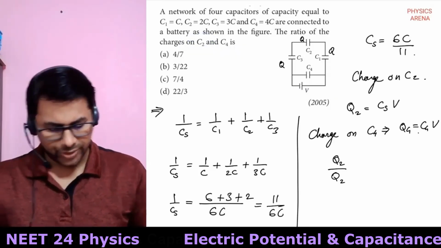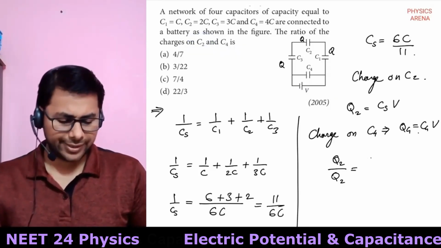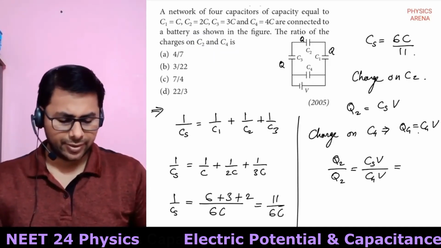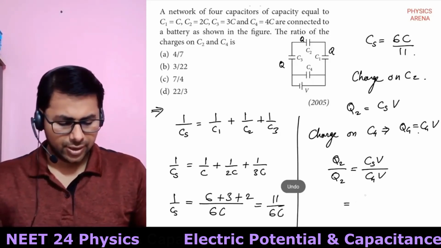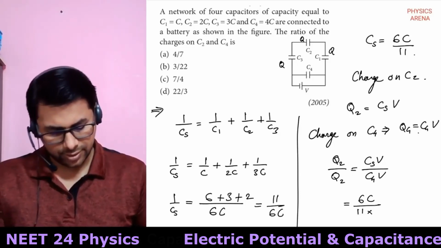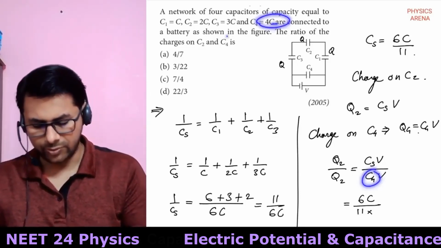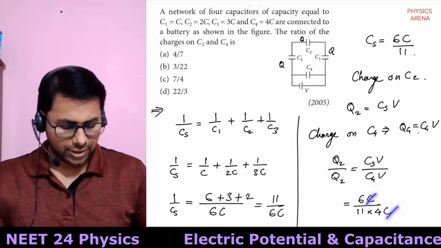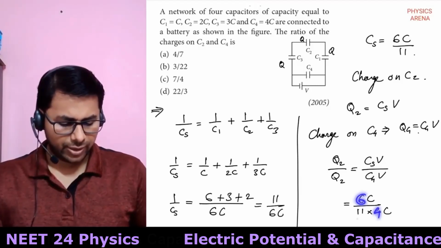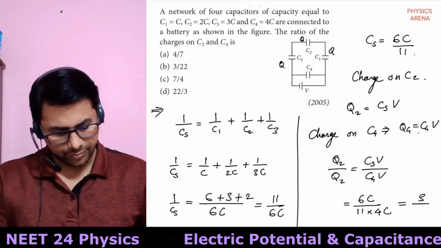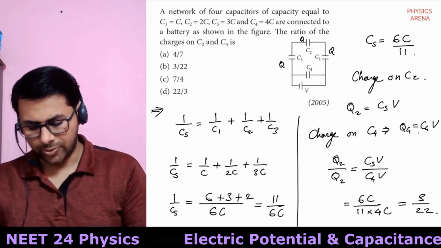Charge on C2 upon C4. So this is equal to CS times V upon C4 times V. V gets cancelled. Okay. So this is, CS is 6C by 11 and C4 is 4C. Okay. So C gets cancelled. It is 6 by 4 times 11. That means 6 by 44, or you can say 3 by 22. So it is option B.